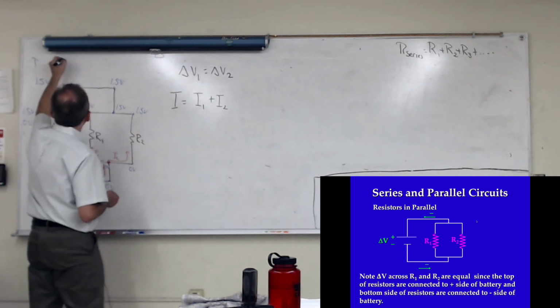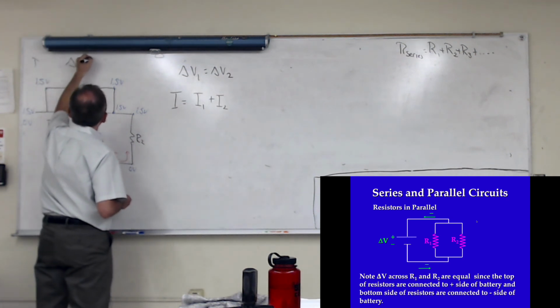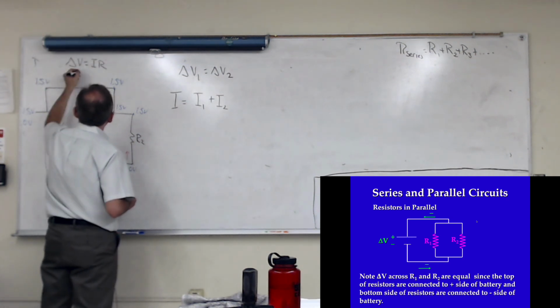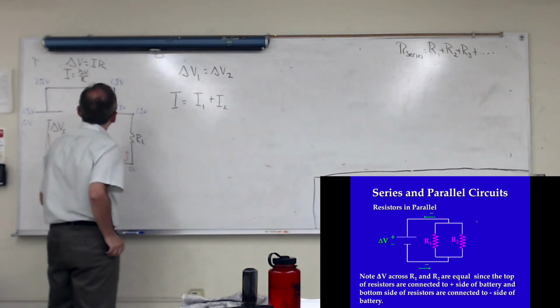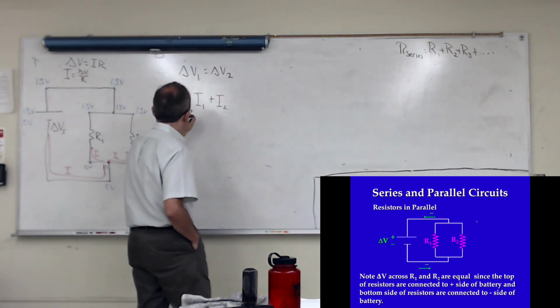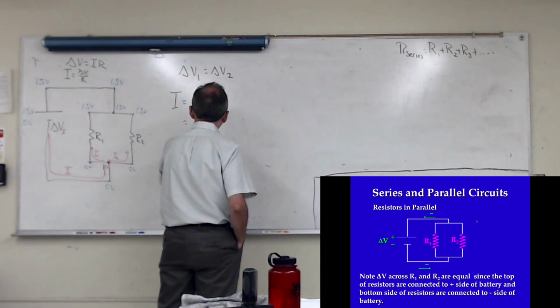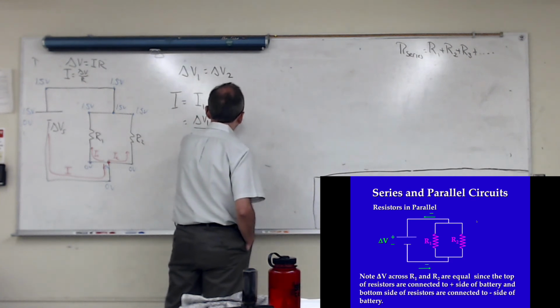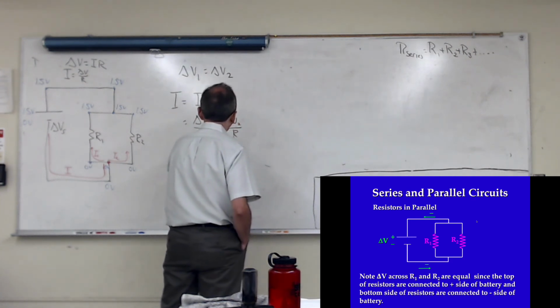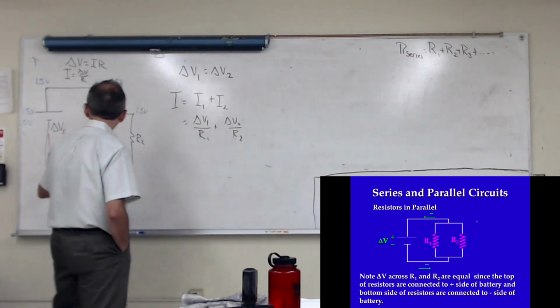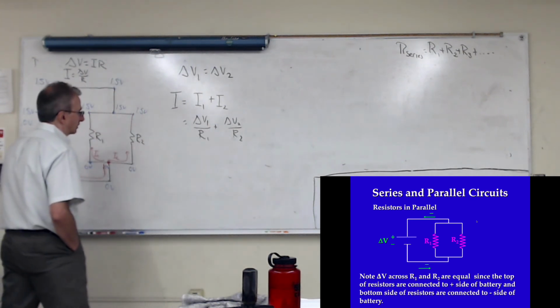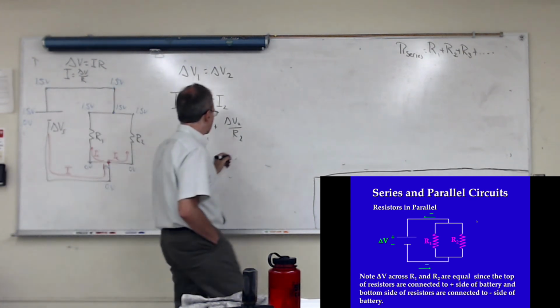But we know Ohm's law. We know I is delta V over R. So then this is going to be delta V1 over R1 plus delta V2 over R2. But these two delta V's are the same. They're the same as the power supply voltage. So I'm going to rewrite this.